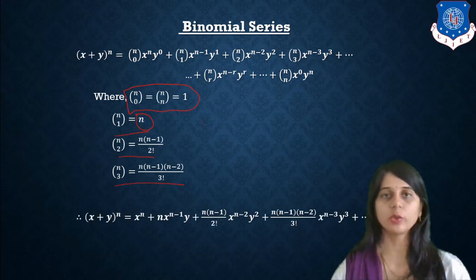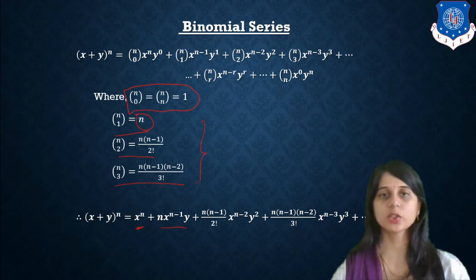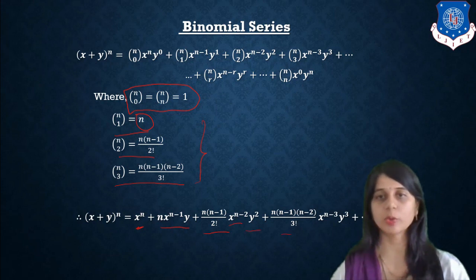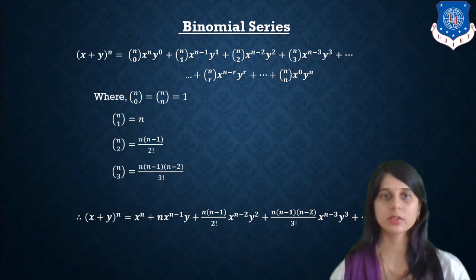Putting all these values in the equation, we get x raised to n plus n x raised to n minus 1 y plus n(n minus 1) upon 2 factorial x raised to n minus 2 y square and so on. So this is the binomial series.